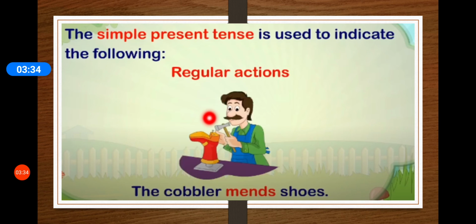It is also used to indicate regular actions. Regular actions means, let's see an example. The cobbler mends shoes. That is a regular action that the cobbler does, right? So this also comes under the category of simple present tense.